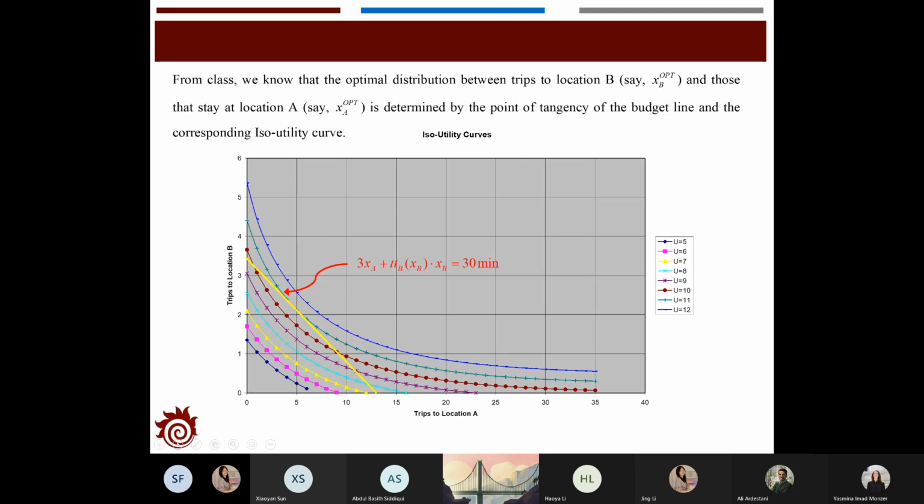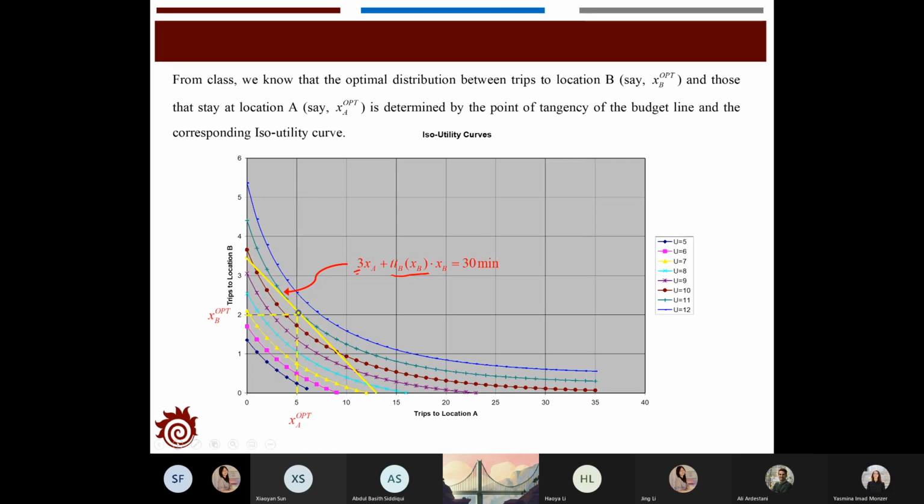But for this specific problem, we know the cost of the trip in town A, but we don't know the cost of the trip from A to B, because this one is also a function of XB. And this is a tricky part. We need to use the Isotd curve to also determine XB as a function of the travel time. And now let's see how we can determine that.